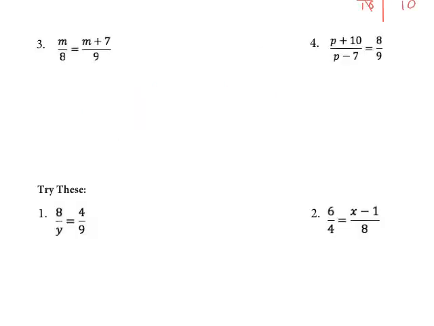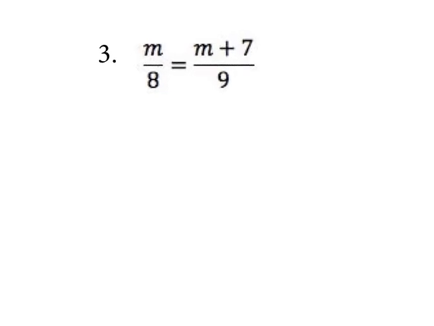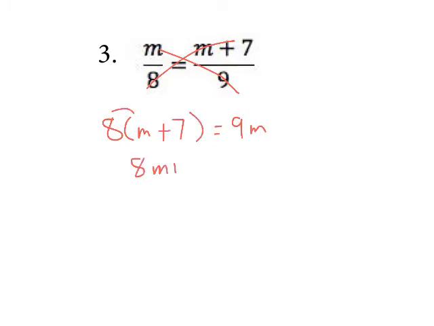Okay, let's look at number 3. So I cross multiply. M times 9 is 9m. On the other side, I'm distributing 8 into the parentheses m plus 7. So I distribute to get 8m plus 56 equals 9m.